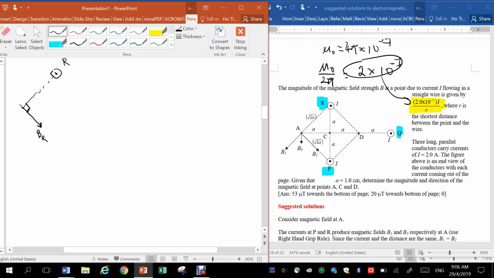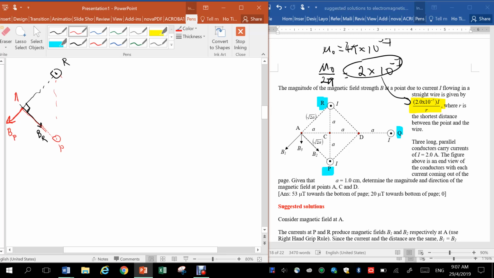Okay, let's look at P now. Let's complete the square. Oops, P is here. So again, we dot it back to where A is. A is over here. Using your right hand grip rule, the B due to P must point perpendicular to the radius, and point this way. I think that the magnitude for R and P are the same.